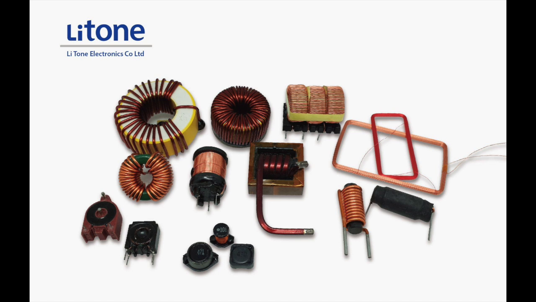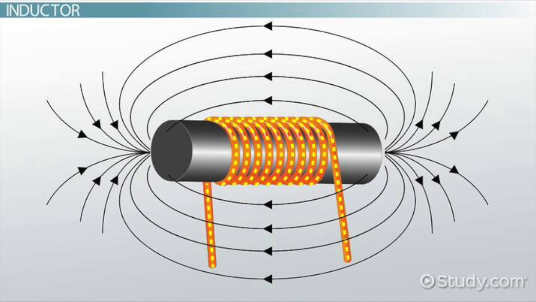And in the case of an inductor, you have wires that are wrapped up into coils, which will generate a magnetic field as you have current running through those wires. So all an inductor really is, is another passive component in an electrical circuit that stores energy in its magnetic field. The buildup of a magnetic field allows inductors to counter the effects of changes in current.